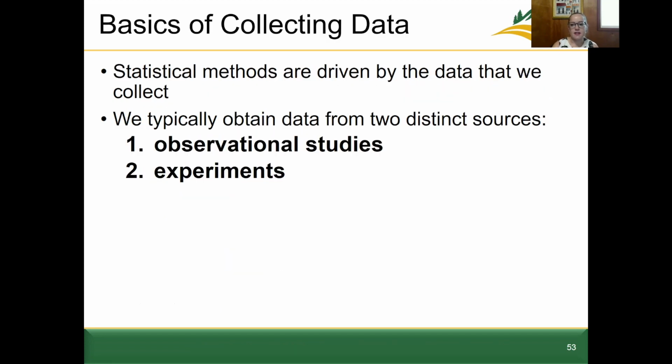There's some basics of collecting data, and statistical methods are driven by the data we collect. How we collect the data, what data we're collecting, who are we collecting it from? All of these things are really important to take into consideration with our statistical studies. We can obtain data from two distinct sources, so observational studies and experiments, and we'll talk about each one of these.